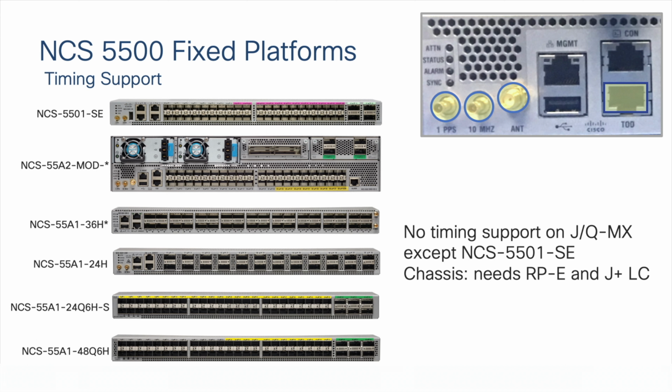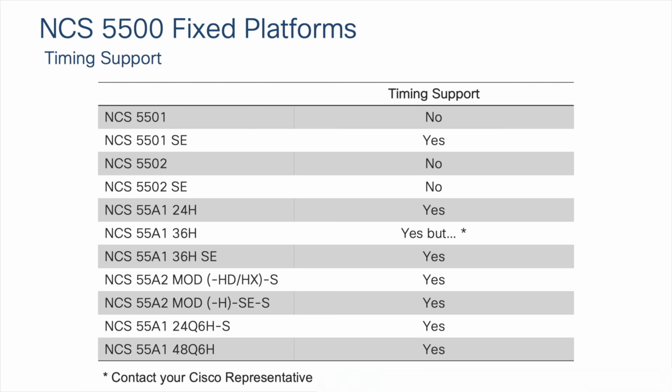Jericho Plus is mandatory, but in the chassis case, it's also mandatory to use a second or third generation of route processor, the RPE or RP2E. One exception only to this rule, the timing is also supported on the NCS 5501 SC, which is powered by a Qumran-MX. And here again, just for reference, a chart gathering all these details.